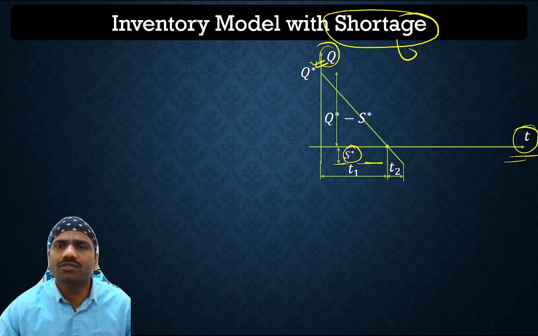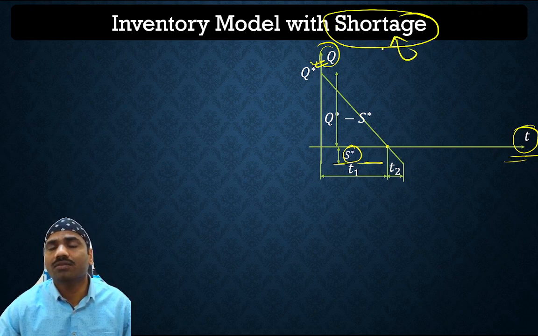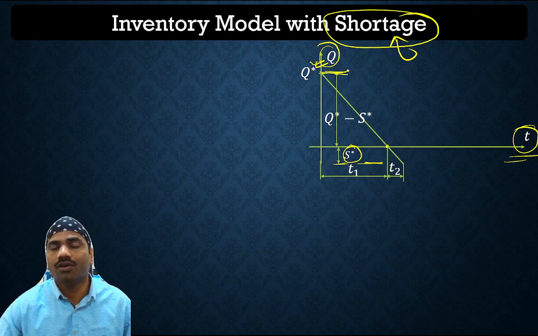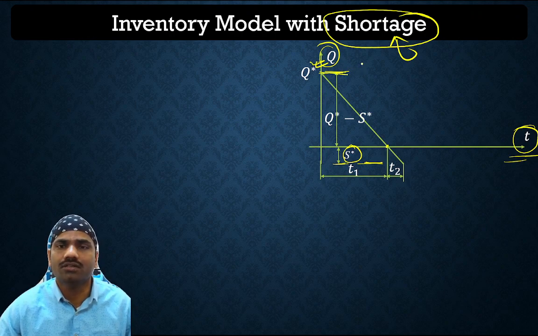If we have shortage, we want a minimum shortage so that we can have minimum losses. Shortage will give you some losses. The customer who is arriving at your store, at your plant, will return because you do not have sufficient quantity.